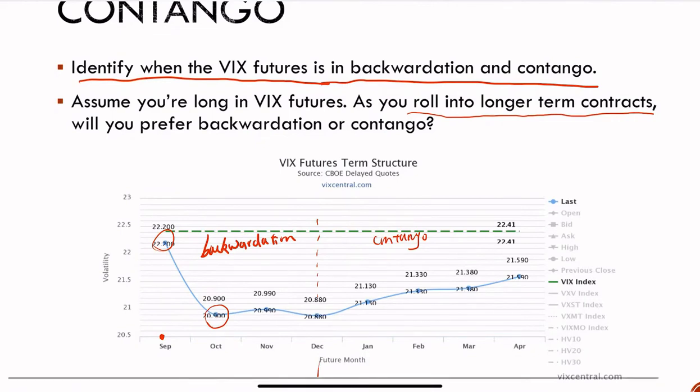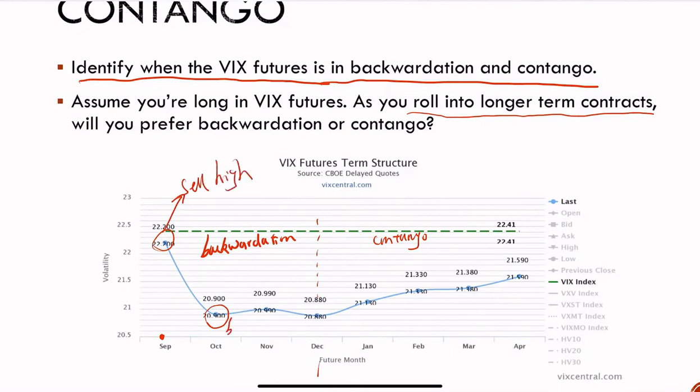Because as you roll into October futures, you will sell high here and you will buy low here, right? So it basically means that if you're taking a long position in futures, if there is backwardation, then you will get this additional benefit because you're selling high and buying low.